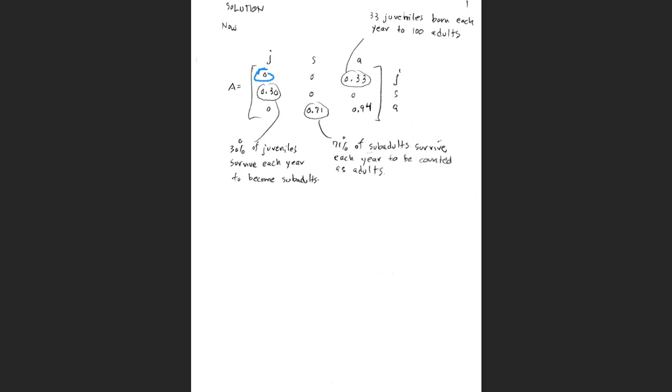After a year, a juvenile is not going to become a juvenile. This entry here means that after 1 year, a juvenile stays a juvenile. That's not going to happen, right? No percentage of juveniles are going to stay juveniles, because after a year, a juvenile becomes a subadult, right?